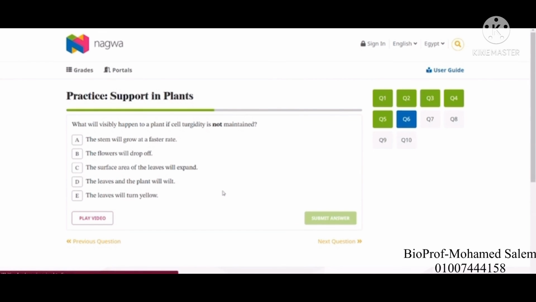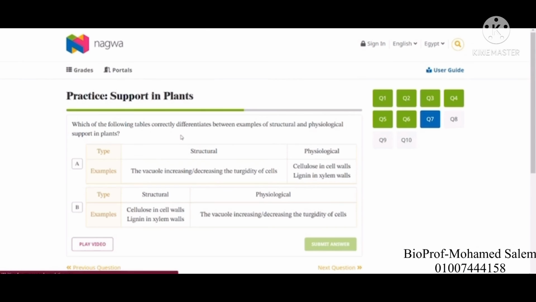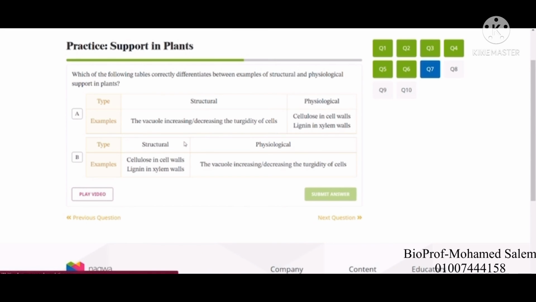Question number 6, what will visibly happen to a plant if cell turgidity is not maintained? Pay attention to the word not. So the leaves and the plant will wilt if there is no turgidity. Next, which of the following tables correctly differentiates between examples of structural and physiological support in plants?